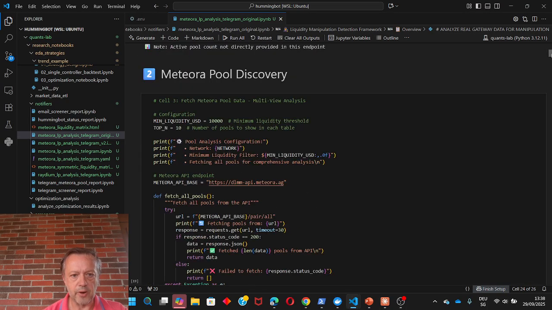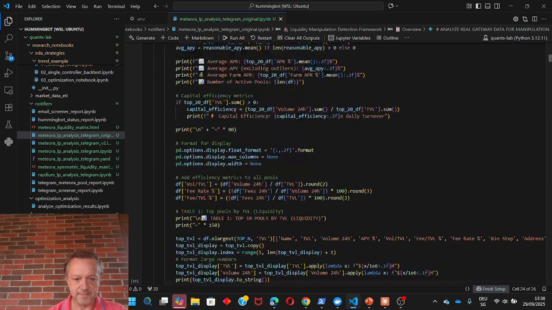The next part is Meteora pool discovery. Here we set a threshold for the minimum liquidity that a pool should have, and we set the top 10. So we analyze 10 of the largest pools, but this can be configured by the notebook user to fit their needs.